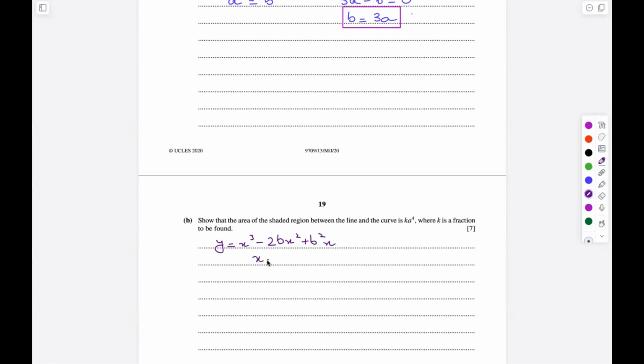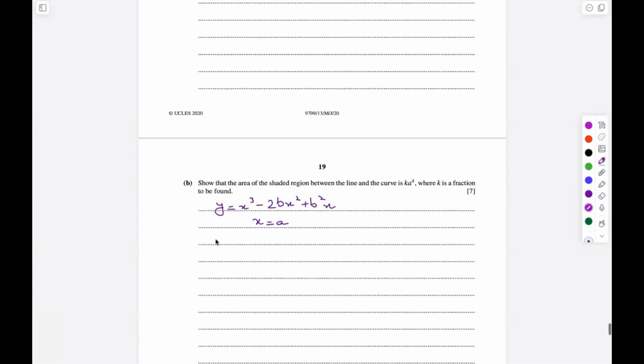Substituting a, and as we know that b equals 3a, we get y equals a cubed minus 6a cubed plus 9a cubed. Simplifying this, 1 minus 6 plus 9 equals 4, so y will be 4a cubed.